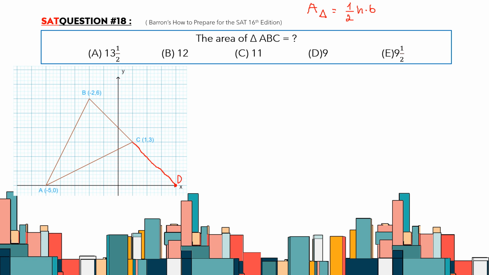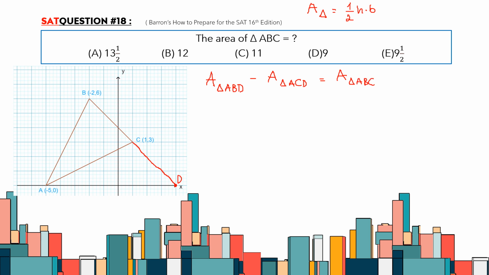We can see the area of the triangle ABD. We subtract the area of the triangle ACD to get the area of triangle ABC.